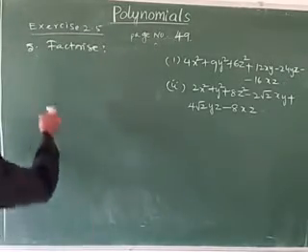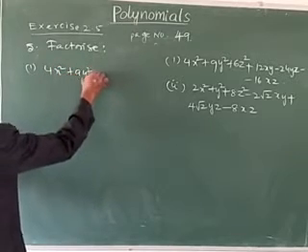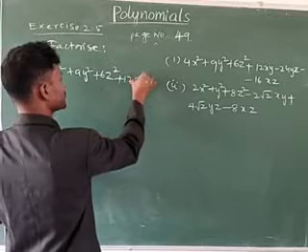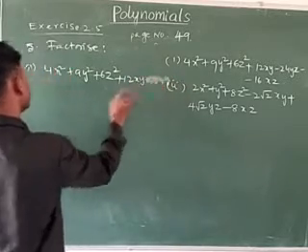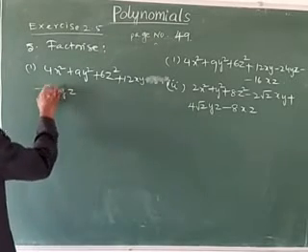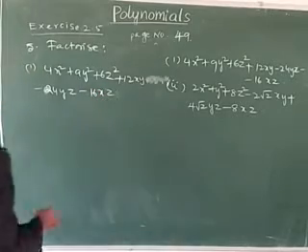See here. First problem 4x square plus 9y square plus 6z square plus 12xy minus 24yz minus 16xz. See here.